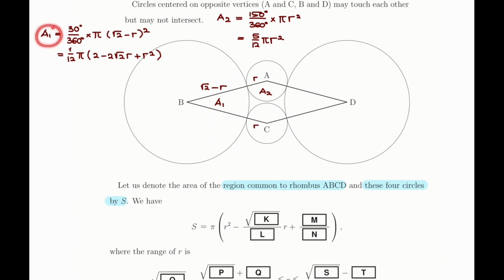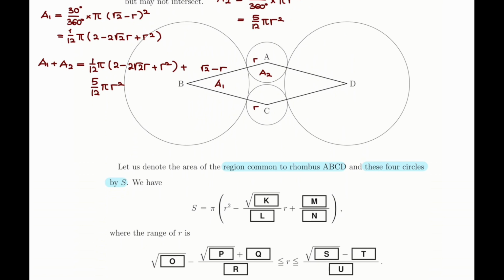We will add A1 and A2, and then at the end, don't forget to multiply by 2, because I only calculated A1 and A2. I haven't calculated this region and this one. So I will add them first. A1 plus A2 is equal to 1 over 12 pi times 2 minus 2 square root of 2 R plus R squared, plus 5 over 12 pi R squared.